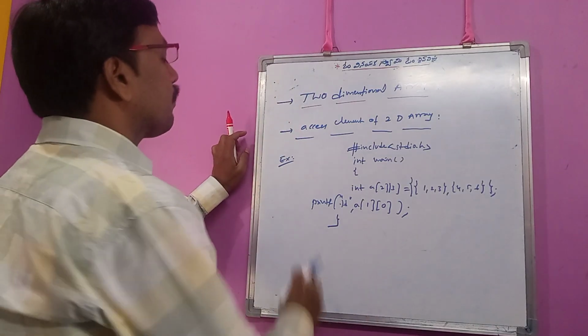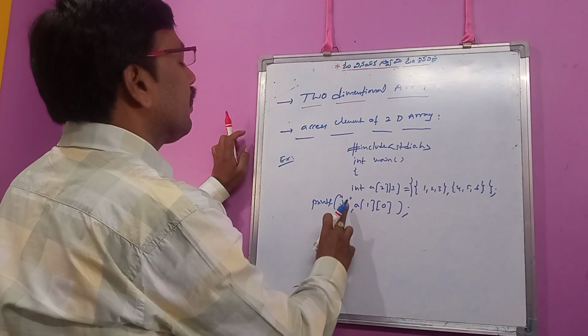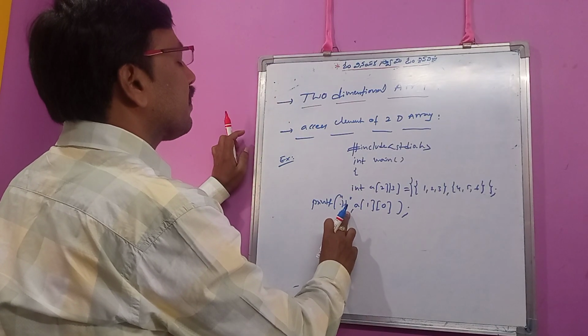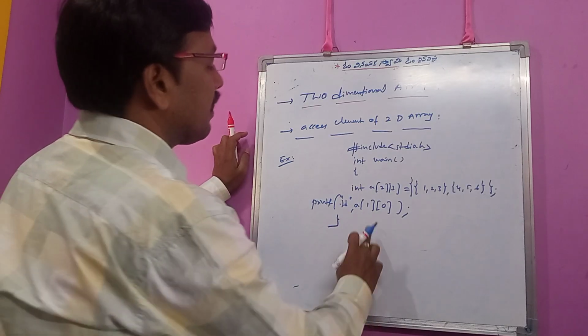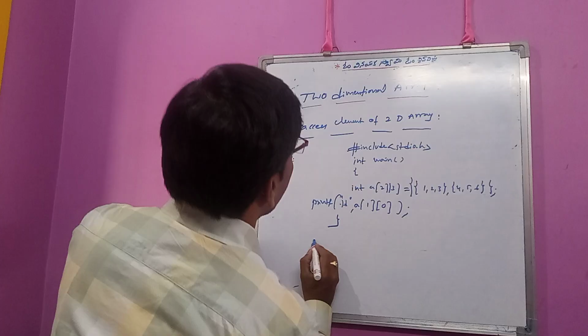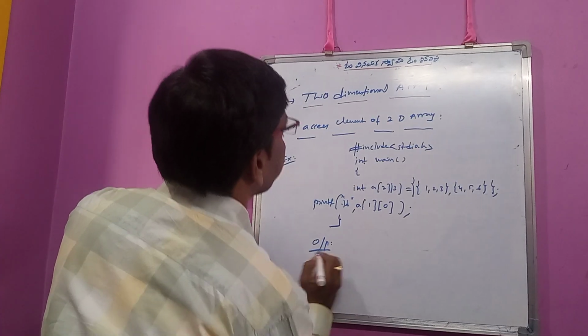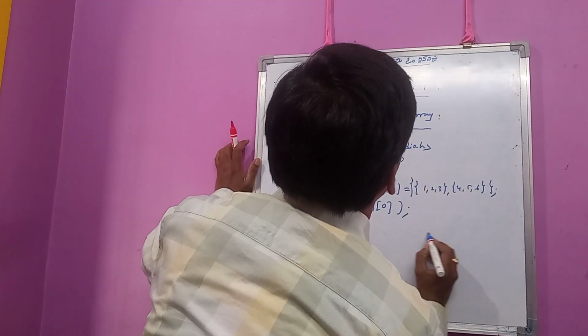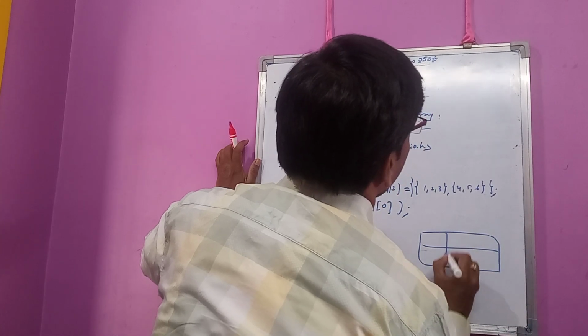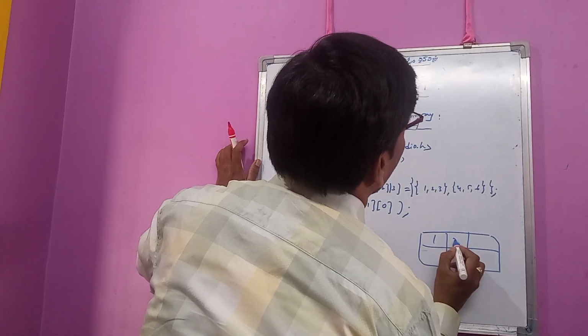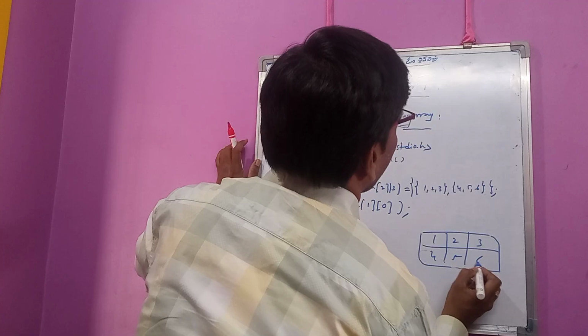Here you can see the printf parenthesis is open, percentage d within quotation, comma a of 1, 0. This is the location. Now we can see the output. Here we already have the memory location available: 1, 2, 3, 4, 5, 6.